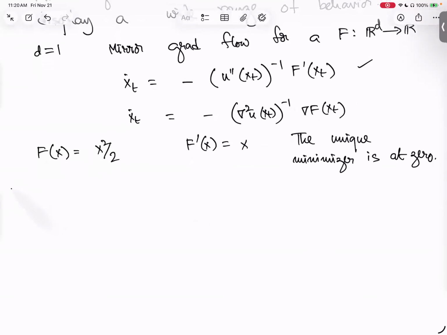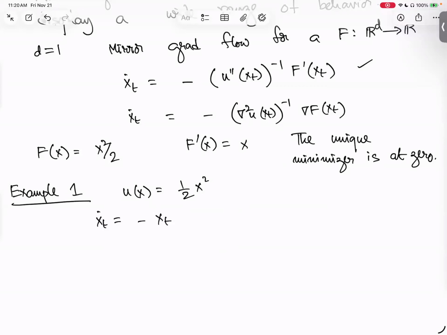Example 1: take u of x equals x squared over 2. This one is just the Euclidean gradient flow. As I already said, if you take one half norm squared, you get back your Euclidean flow. So I'm looking at xt dot is equal to minus xt.